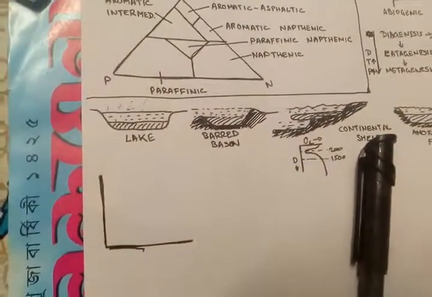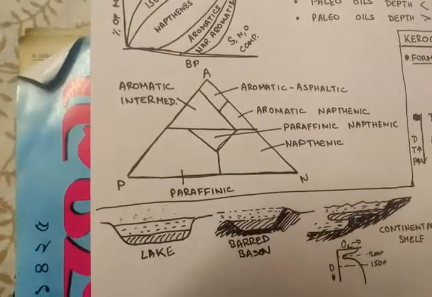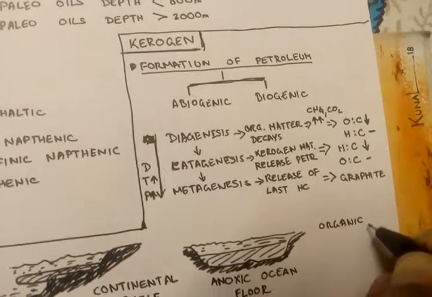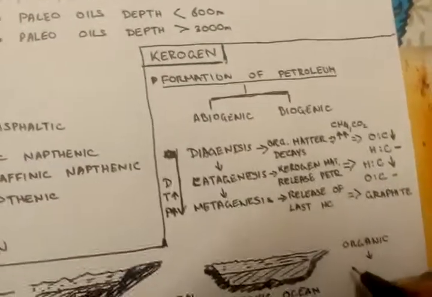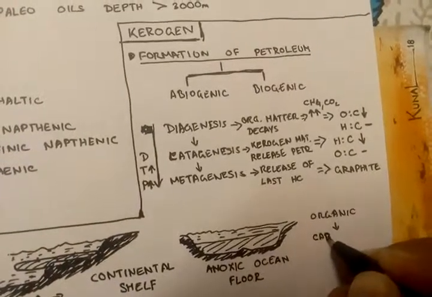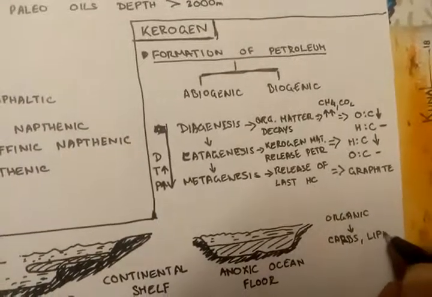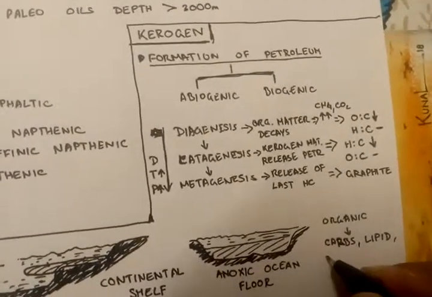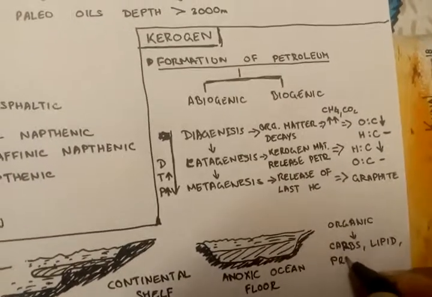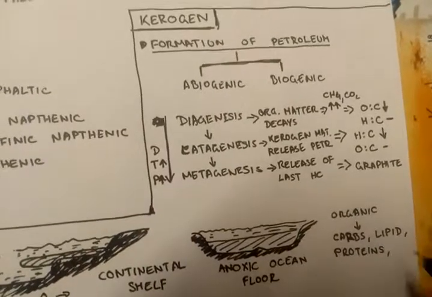Talking about the organic matter, we have first of all a few things. Number one, carbs, then lipid or fat, proteins, and lignin.